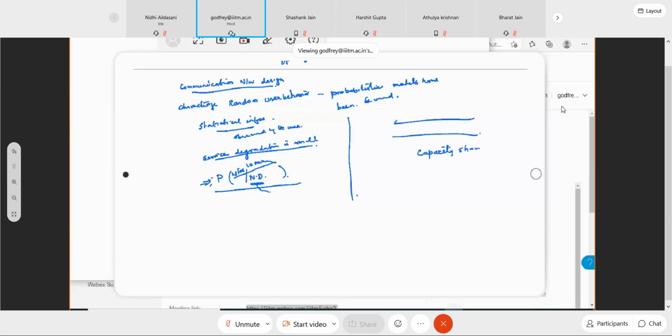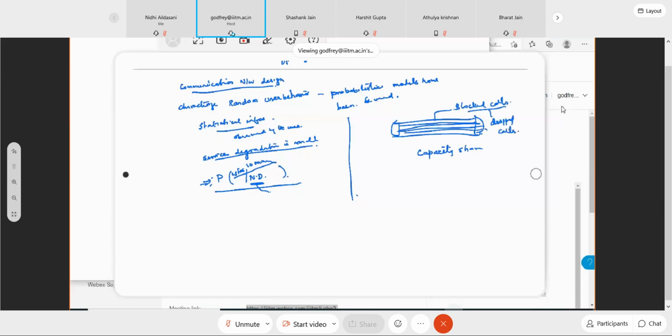You have a link between the source and the destination, and this link is shared by many people. When the number of people increases, you are going to have blocked calls, and if it still increases, then you are going to have dropped calls.